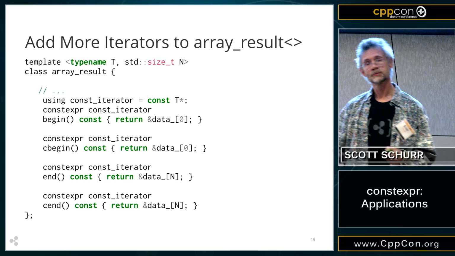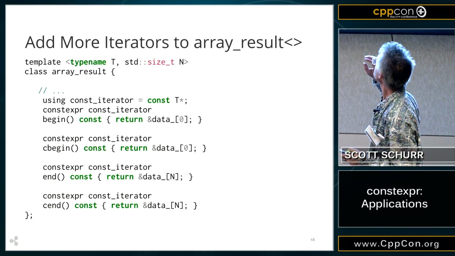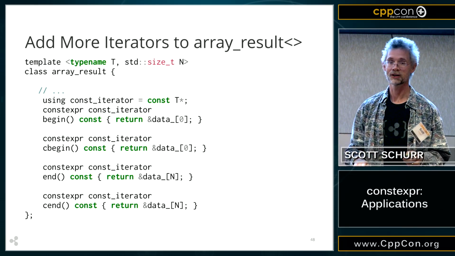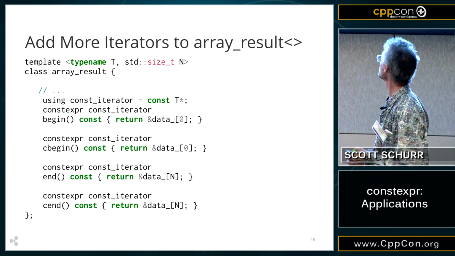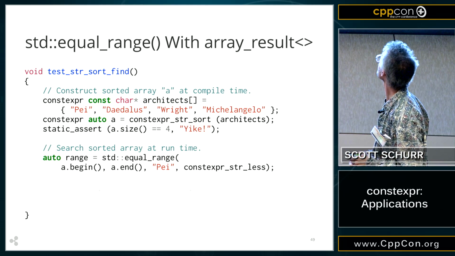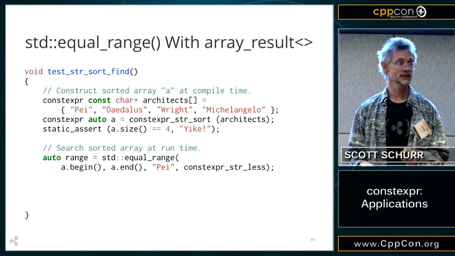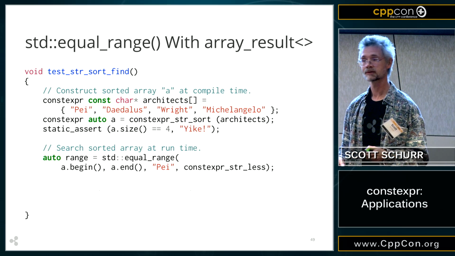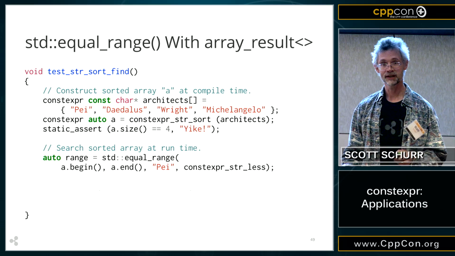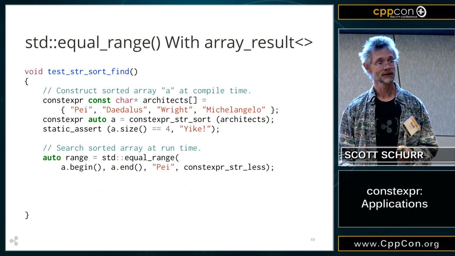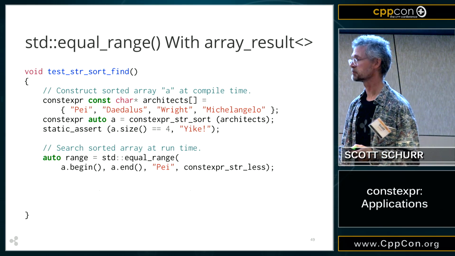Okay, so we're basically going to add iterators to our return array type so that we can do more bouncing around in there. We can now call equal range on our return array type. So you build a sorted array at compile time, and at runtime, you can now access that as though it were a set by doing a binary search.